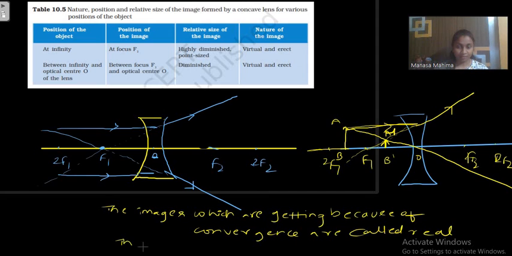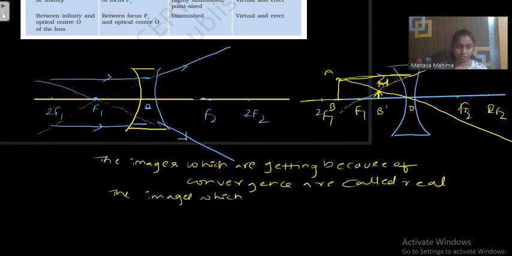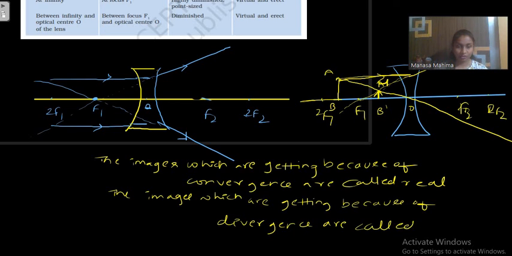Same thing, the images which are formed because of divergence are called virtual images. So we are seeing the virtual image in the case of the concave lens.